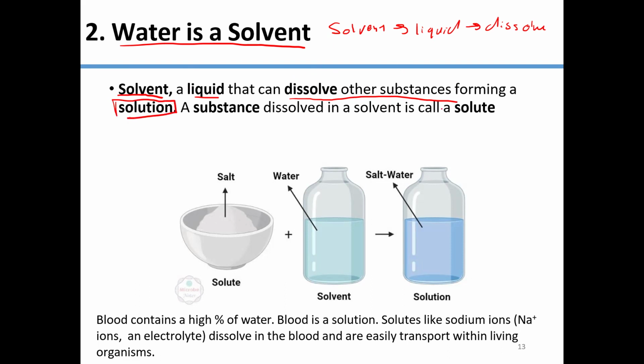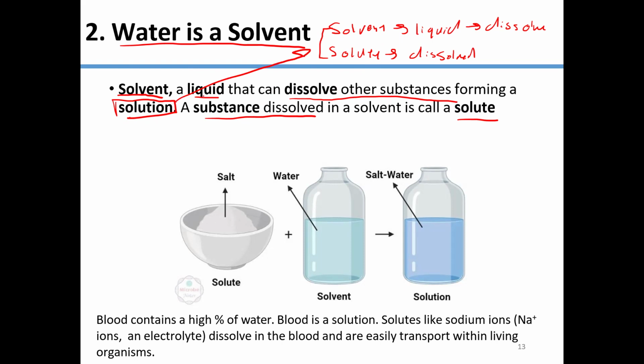Now, we do have something known as a solute, and a solute is any substance that can be dissolved. So a solvent is a liquid that can dissolve, a solute is what's being dissolved, and when you add both of these together, you end up with a solution.